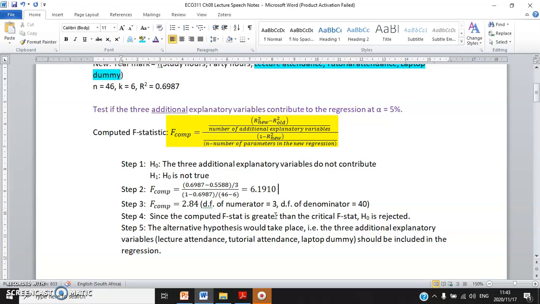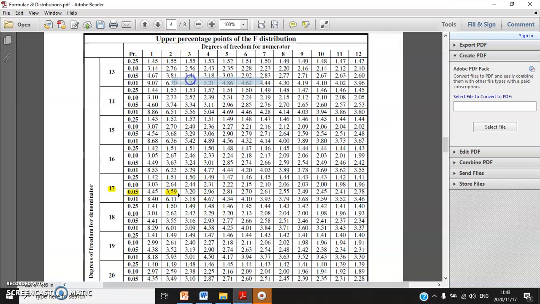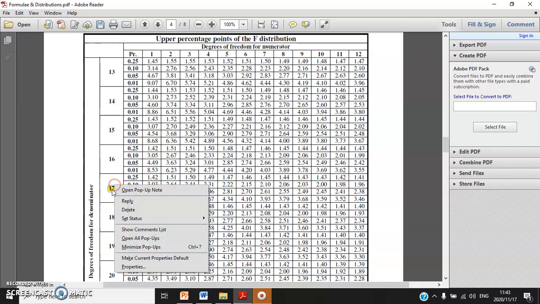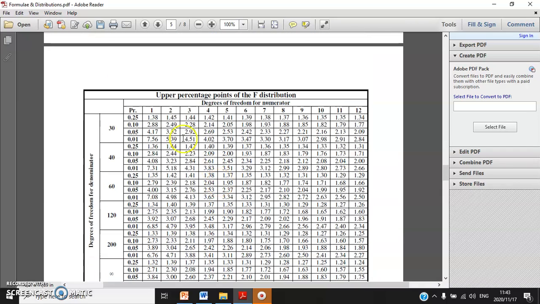6.1910. And then for the critical F statistic, degrees of freedom of the numerator is 3, degrees of freedom of the denominator is 40. 3 and 40, alpha is 5%. So it is here, 3 and 40, alpha is 5%. This is why we get 2.84.